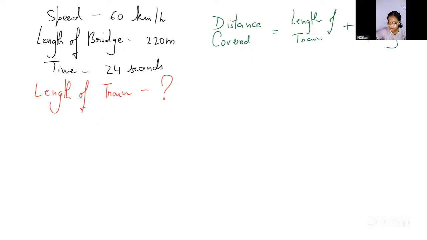This is what we did in the previous question, right? Length of the train plus length of the bridge will be your total distance covered.